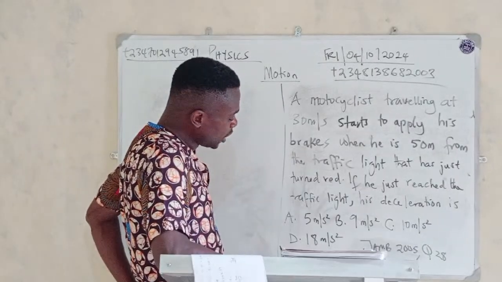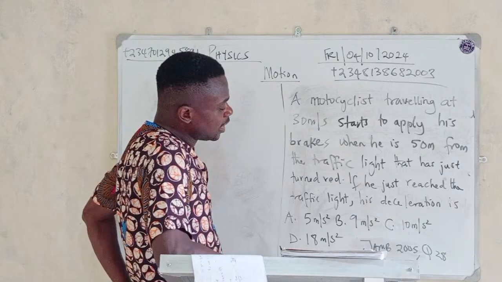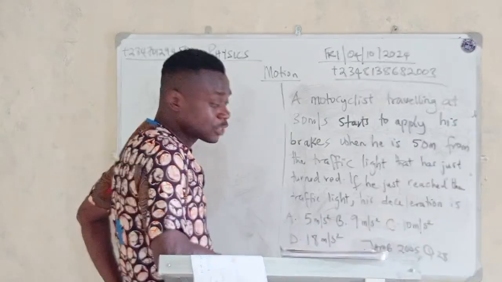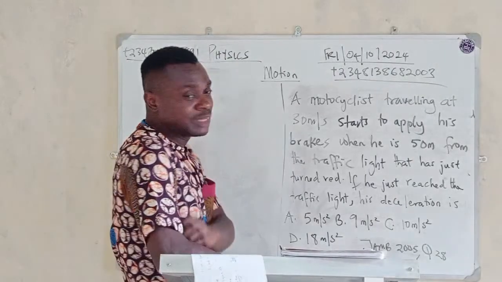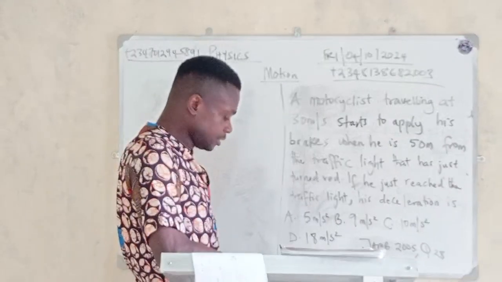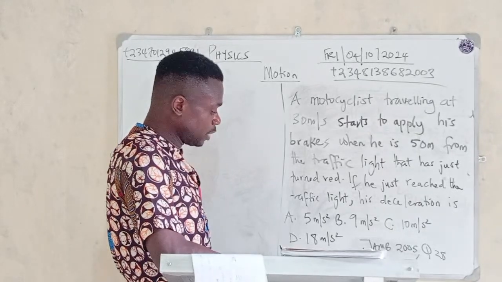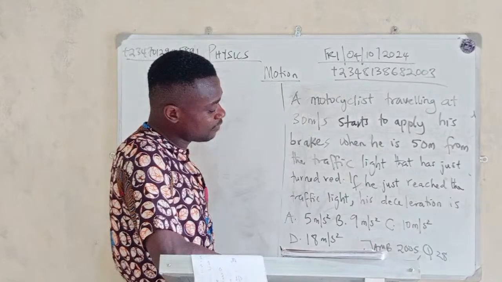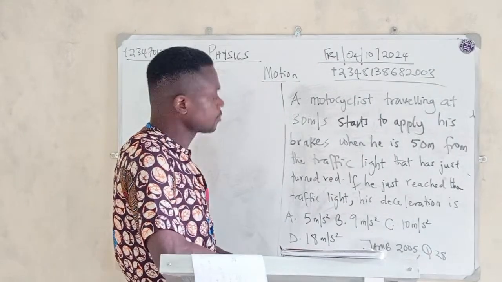If he just reached the traffic light, his deceleration is A, 5 meters per second squared, B, 9 meters per second squared, C, 10 meters per second squared, D, 18 meters per second squared. The question source is JAM 2005, question 28.